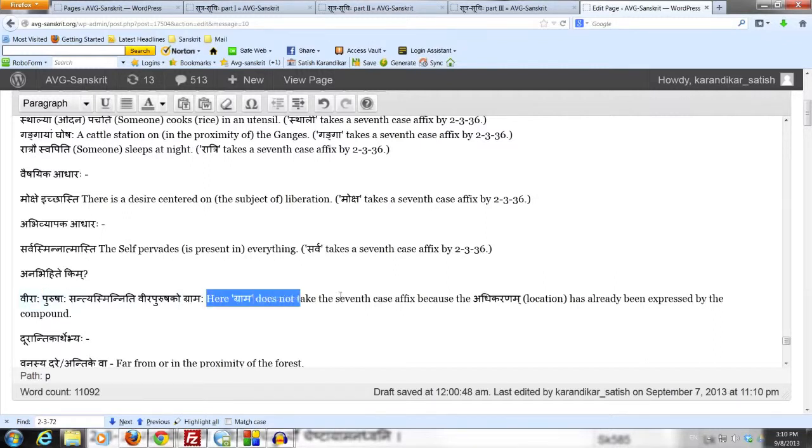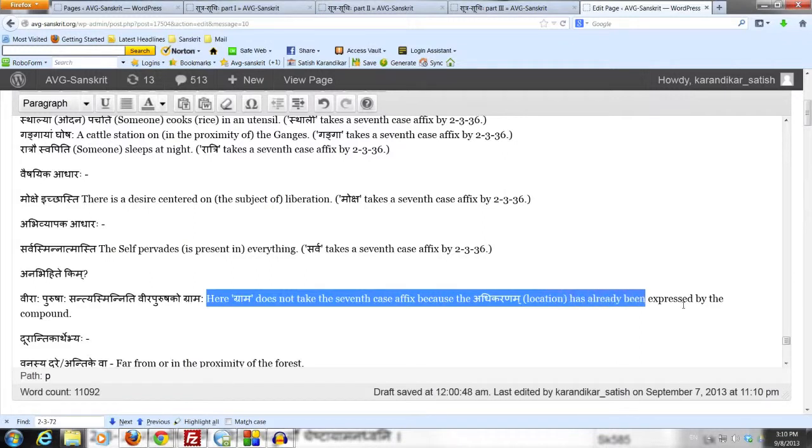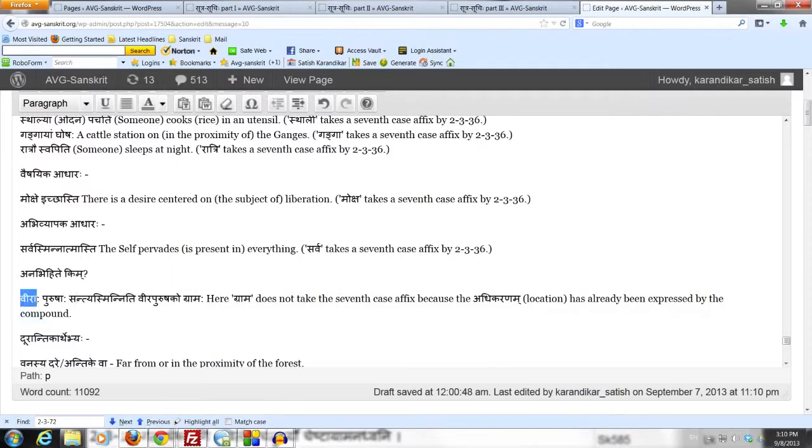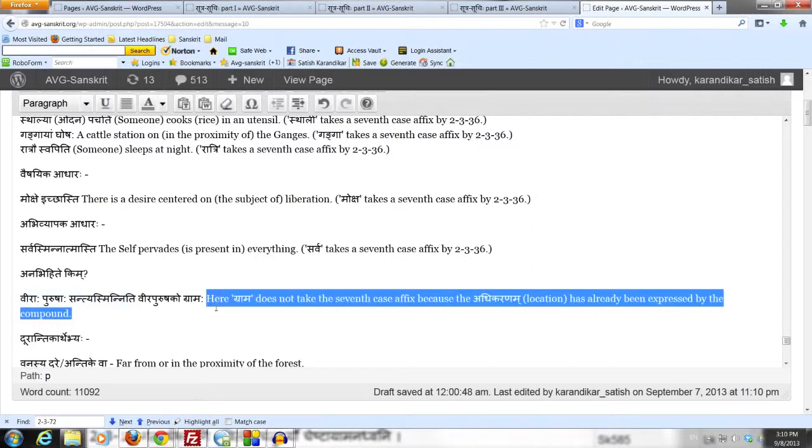But still Grama does not take the seventh case affix because the Adhikaranam is already expressed by the compound, because the Vigraha Vakyam of the compound says Viraha Purushaha Santi Asmin iti, that Asmin is already expressing the Adhikaranam. That is why Grama does not take the seventh case affix, because the Adhikaranam has become Abhihitam.